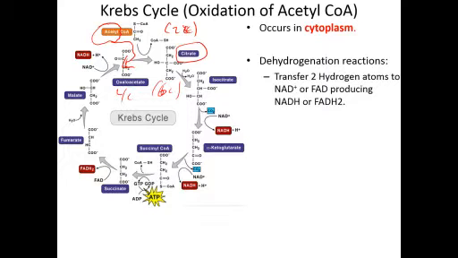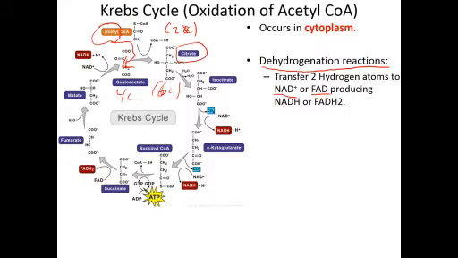One of these is going to be dehydrogenation reactions. A dehydrogenation reaction involves the removal of hydrogen atoms from a molecule. They're transferred to other molecules, in this case NAD plus and FAD. This transfer of hydrogen atoms and electrons to NAD plus and FAD allows for this redox reaction to take place.